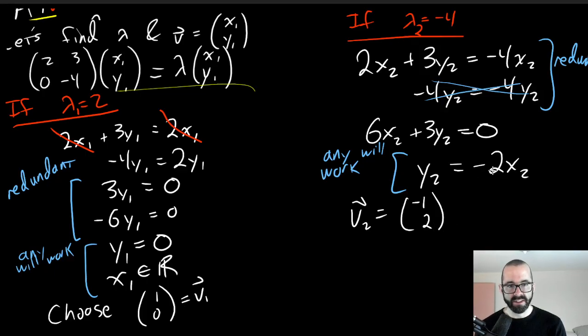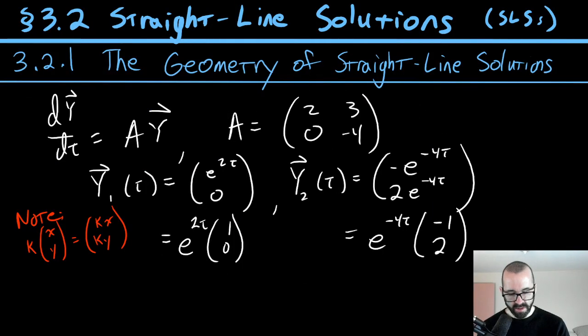Anything that satisfies this equation is going to work. Look at what we have right here. Look at these vectors. Look at those lambdas. Look at our solution. We had one solution with this lambda and that vector. Solution with this lambda and that vector. Is that a coincidence? No.